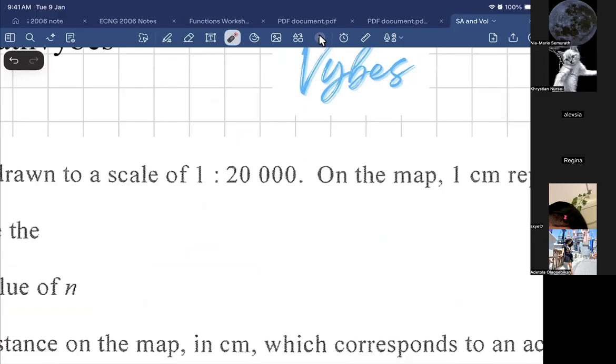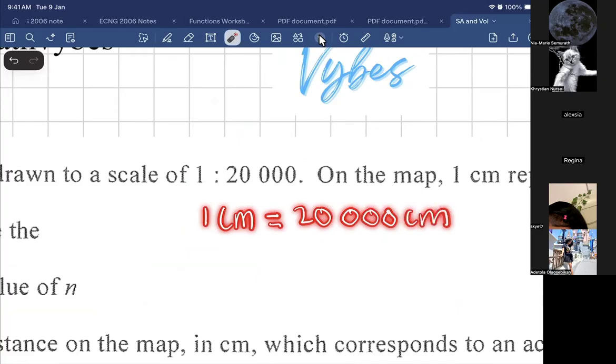Long story short, on the map, 1 centimeter actually represents how many centimeters in real life? 20,000. Right, 20,000 centimeters in real life. Now, if I wanted to convert that 20,000 to kilometers, what would I have to divide by? 100,000. Exactly.